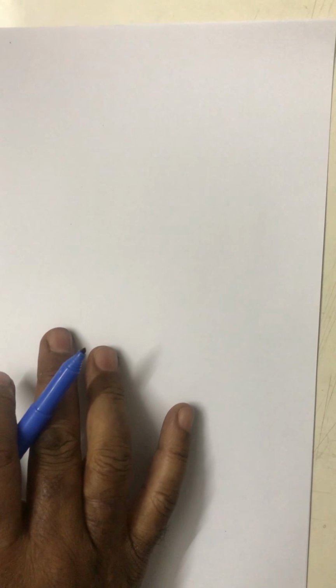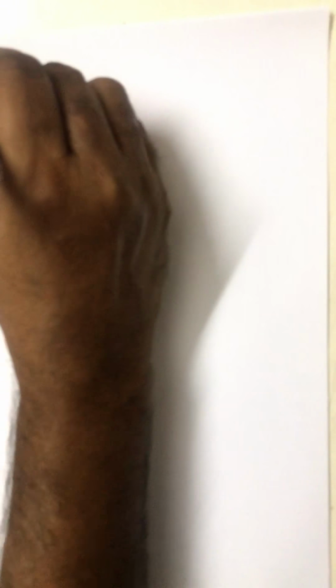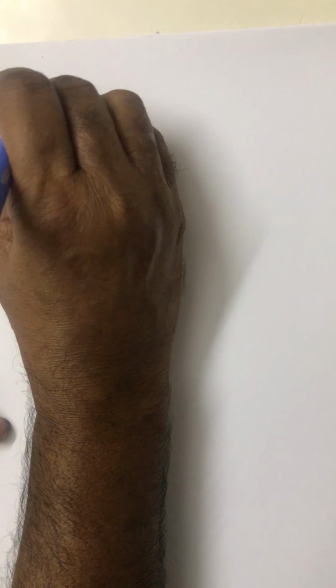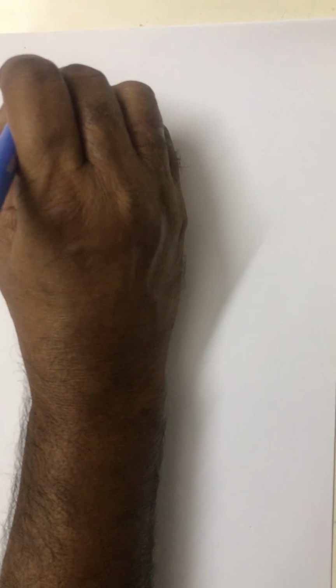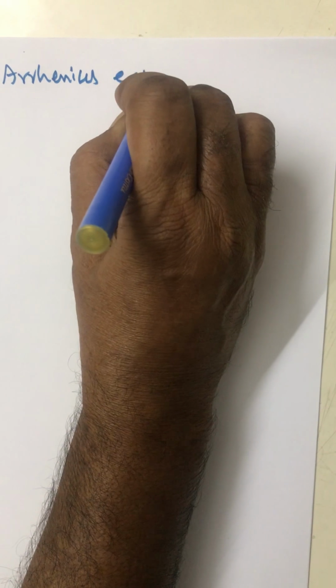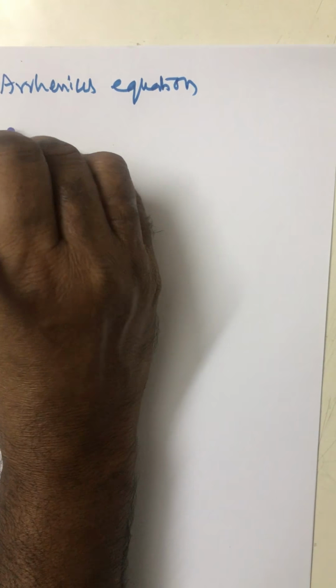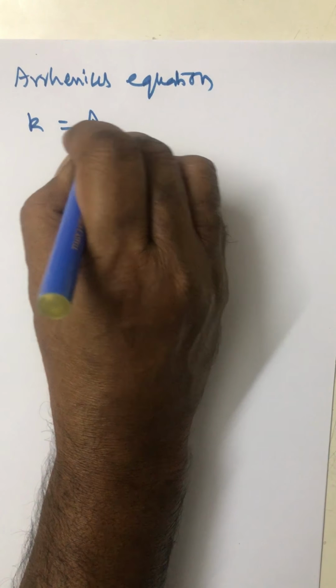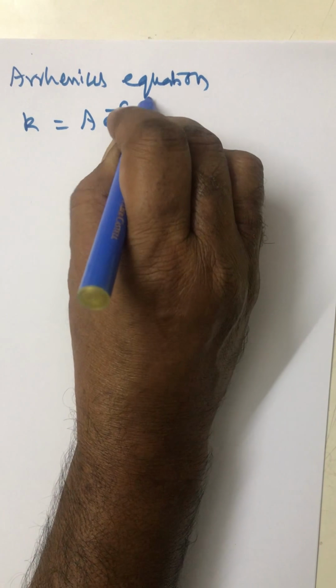But in many cases, the k observed value is completely different from the k calculated value. While comparing with the Arrhenius equation, as you know, k is equal to A exp of minus EA by RT.